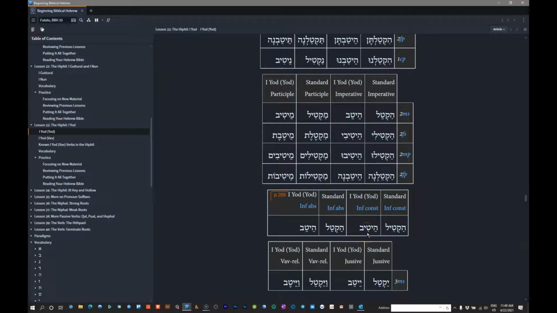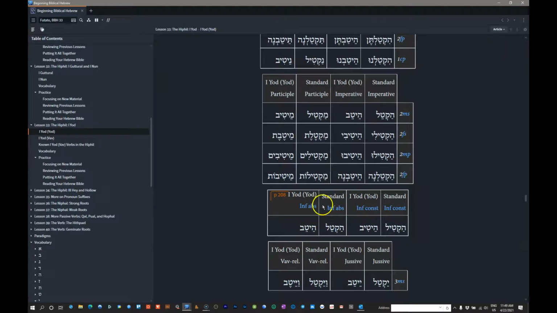So how do you tell the difference between them? Well, the forms are identical, so the only way you're going to know the difference is context. All right, but still, in the infinitive absolute and in the imperative, the imperative 2ms and the imperative 2fp, these top and bottom forms of the one yod, you've still got the sere here, okay?